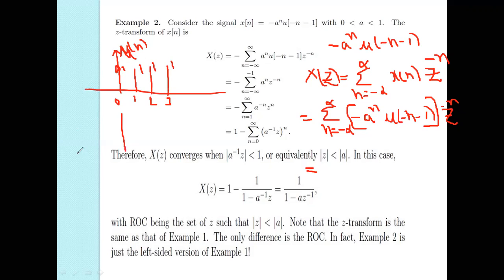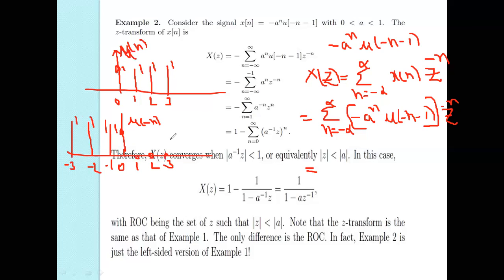What is mu of minus n? Minus means it is folded at the 0. There is no change at 0, the value is 1. And now at minus 1 it is also magnitude 1, minus 2 is 1, minus 3 is 1, and 1, 2, 3 are zeros.